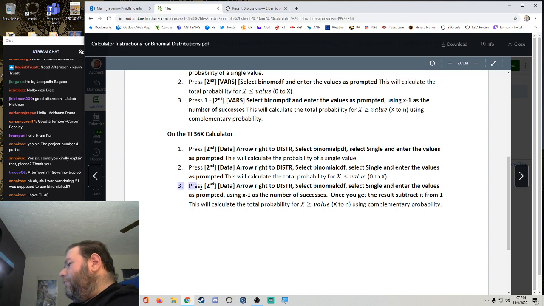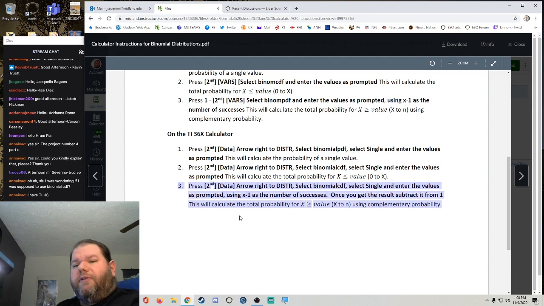So it would be step 3 here for the 36. Use x minus 1 as the number of successes, and once you get the result, subtract it from 1. Basically we're using the complement of this event, by calculating the probability of 0 to x minus 1, and we subtract it from 1.